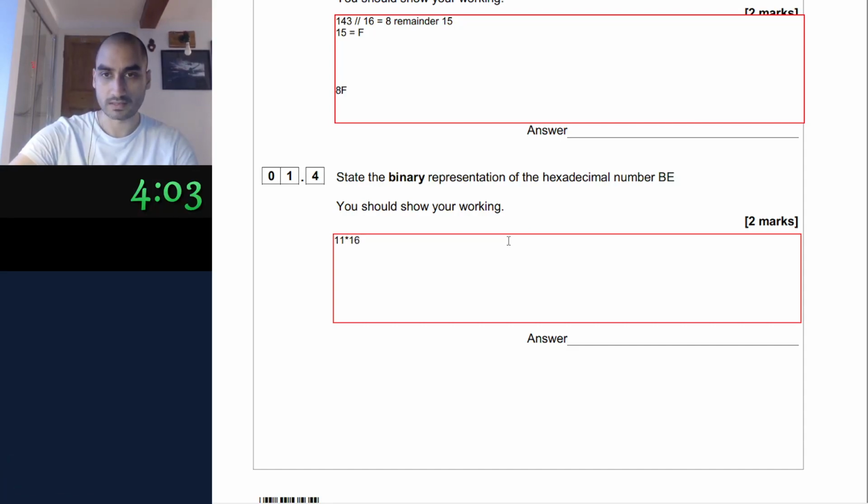So 11 times 16 plus E, which is 14, equals 176 plus 14. Is that right? Yep. Equals 190.